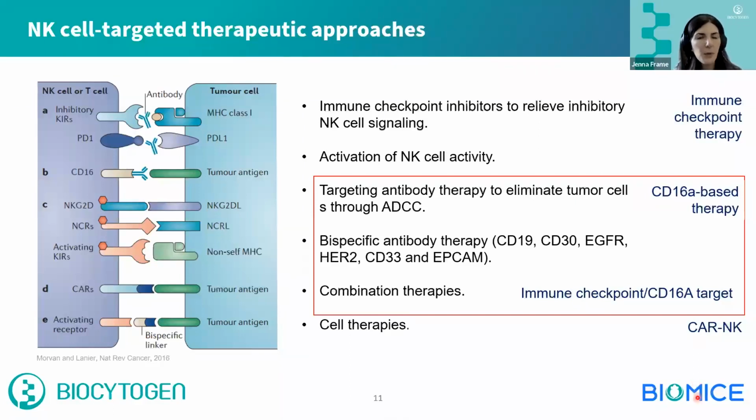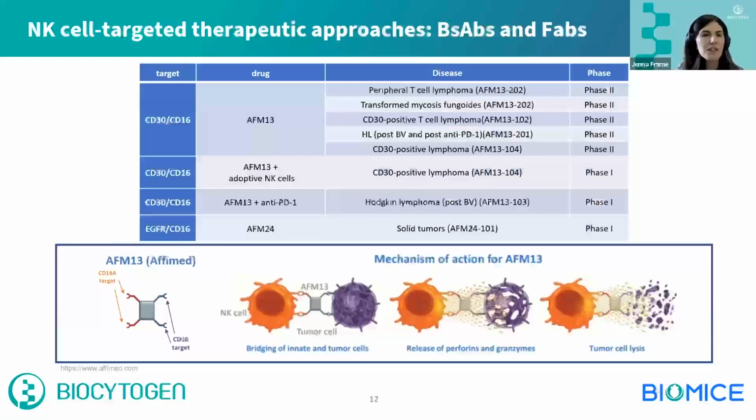The next set of approaches involves tumor targeting antibodies or bispecific antibodies that can also bind to the CD16 Fc receptor, causing elimination of tumor cells via ADCC. And just to illustrate this with an example, there are tetravalent bispecific cell engager molecules that have been designed to target either CD30 or EGFR, as well as CD16 to induce ADCC.